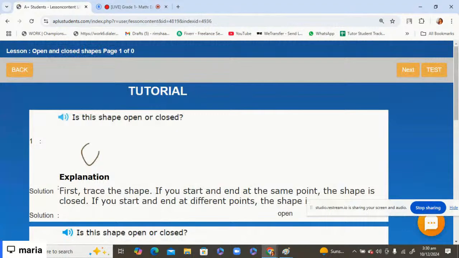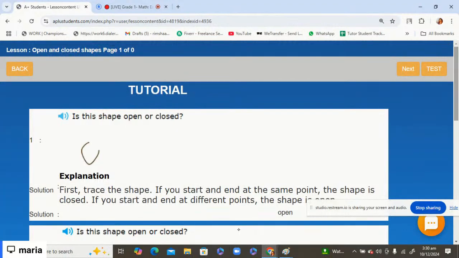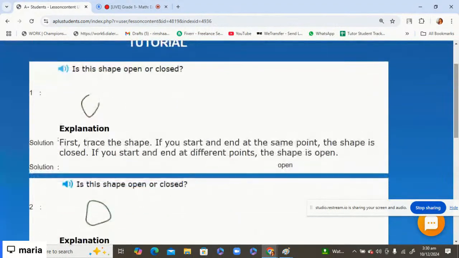So look at here. First of all, we check the shape. Okay. If you start and end at the same point, we can say that your shape is closed.